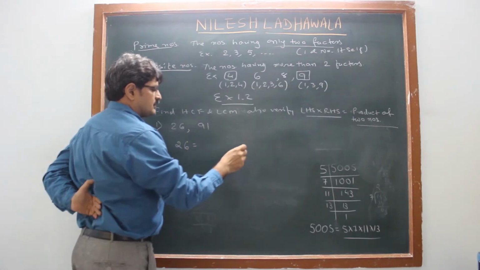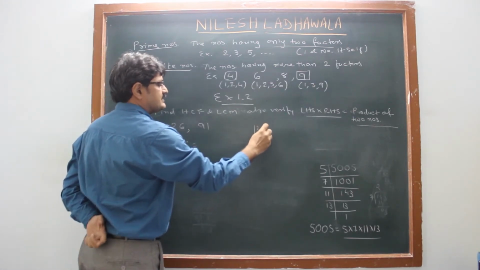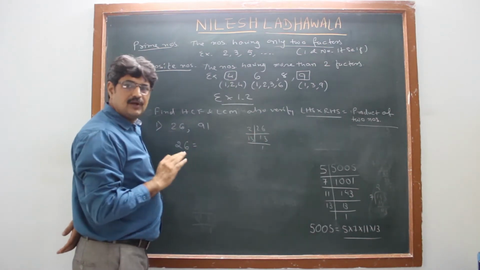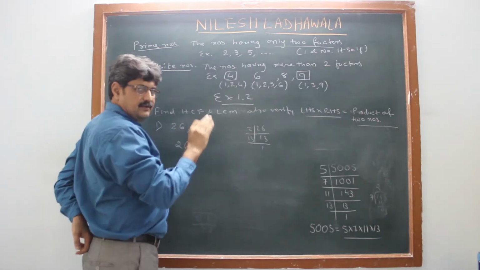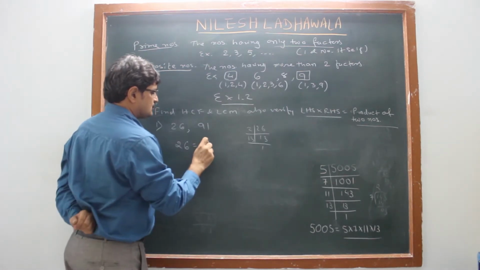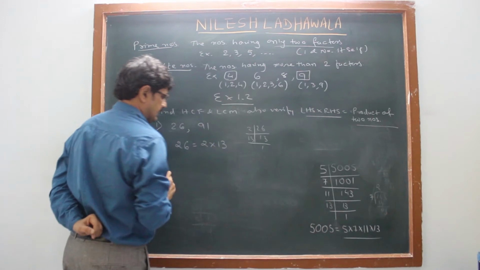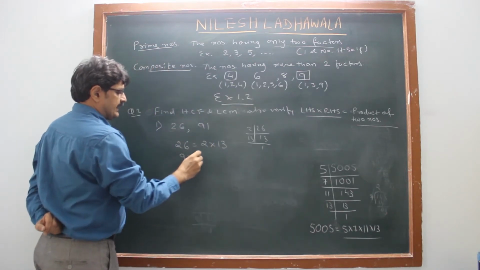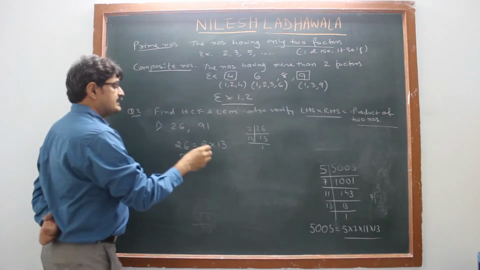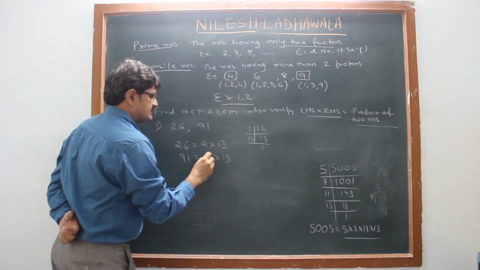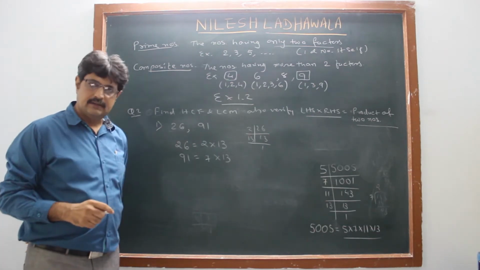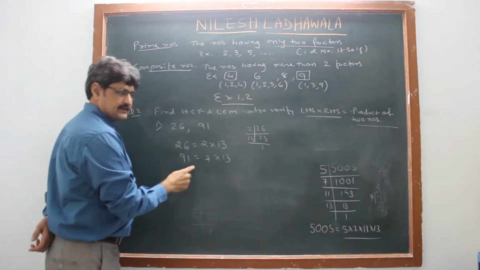I will not write it in the division form, since it is not necessary if you know the factors. The factors of 26 are 2 multiplied by 13. Now the factors of 91. 13 sevens are 91, so I have written 7 multiplied by 13. In this way, I have factorized them.